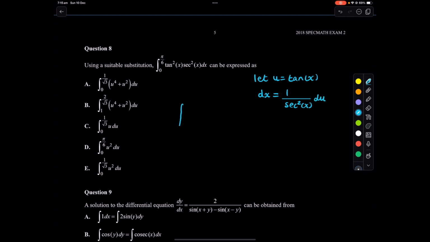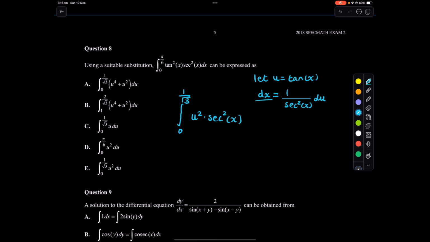So if I was rewriting this whole expression, if I sub it in, well, I need to find the terminals. Terminals will change. If I sub in x equals 0, what's our u value? So tan of 0 is just 0. And if I sub in pi over 6, it is going to be 1 over root 3. So you remember tan is equal to u. So if this is tan squared, it's going to be u squared multiplied by secant squared of x.